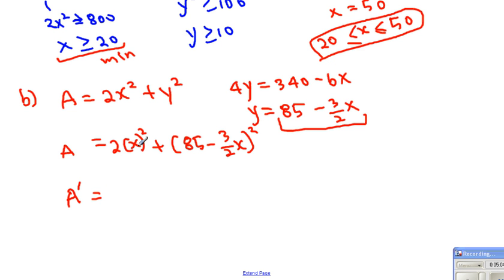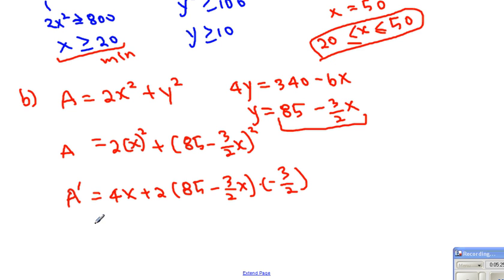Now, when we take the derivative, A prime, we end up getting 4x plus 2 comes out, so 2 times (85 minus 3 over 2 x) multiplied by the derivative of the inside, which is negative 3 over 2. Now it'll be easier to simplify.